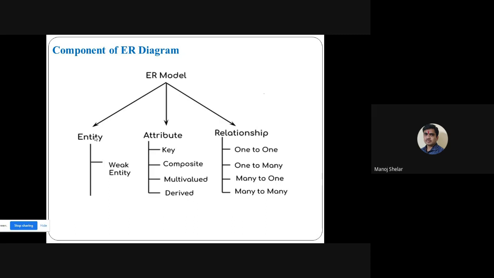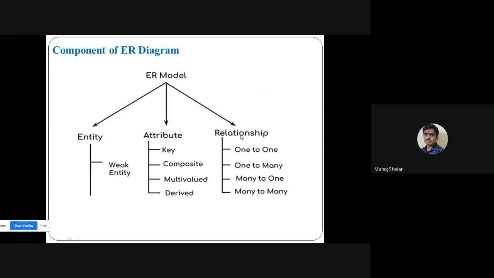Then attribute. What is an entity? Entity is a collection of attributes, right? Among attributes there are the key attribute, composite attribute, multi-value attribute, and derived attribute. These are some types of attributes.